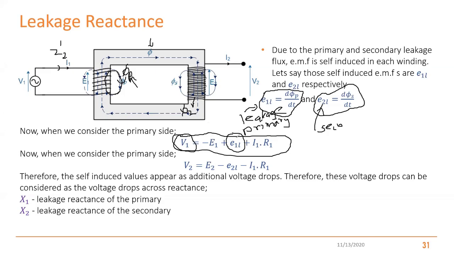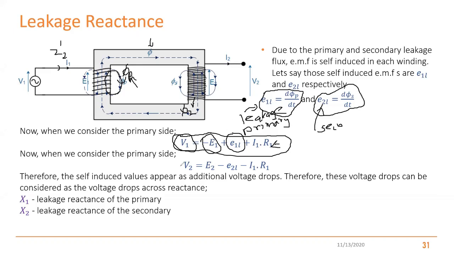This means the induced EMF will be reduced for the same voltage if we have higher leakage flux. This acts as another voltage drop, like a voltage drop across a resistor, because it is an additional EMF.